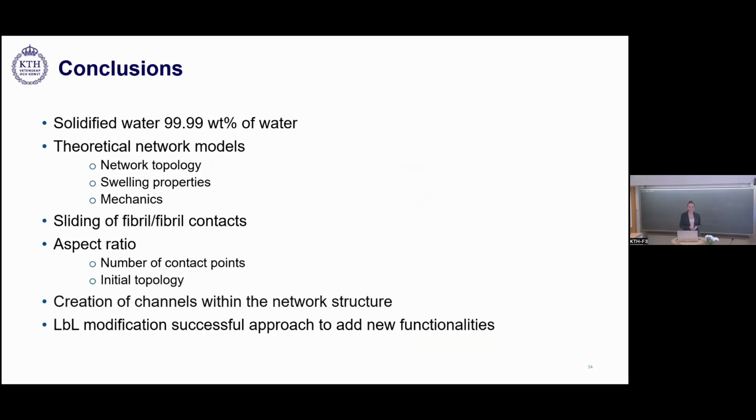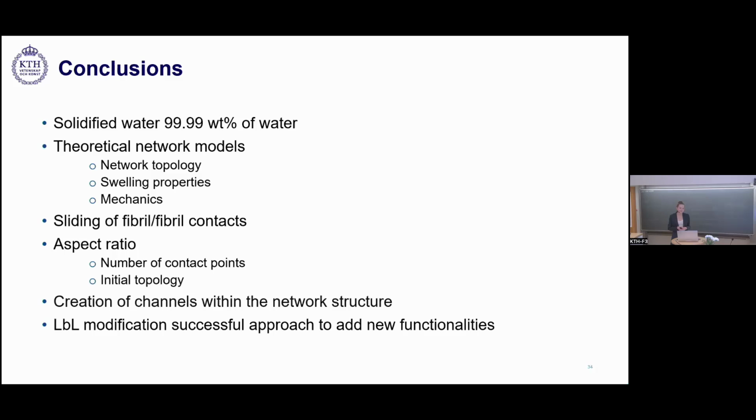In this work, we have shown that we can create hydrogel network structures containing as much as 99.99% of water with a self-supporting structure holding the water in place. We have also developed theoretical network models, which we can use to describe the network topology of our network structures, as well as understanding the swelling properties and the network mechanics.